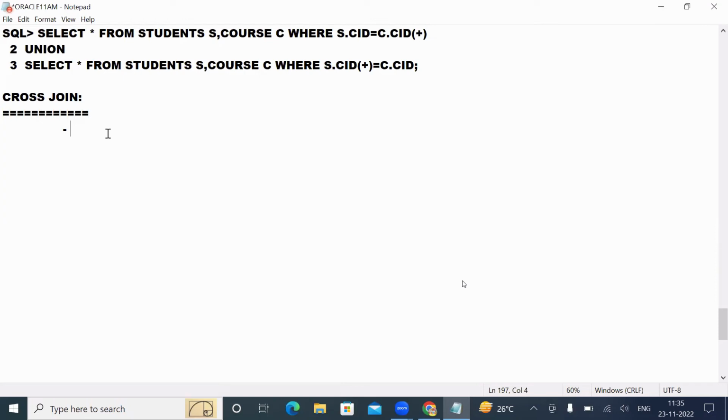So that rule can be justified with the cross join. Many people may or may not know that cross join is the default join of joins.